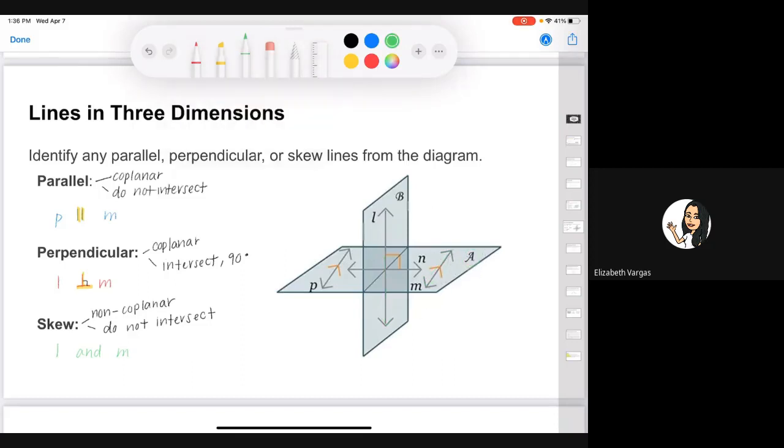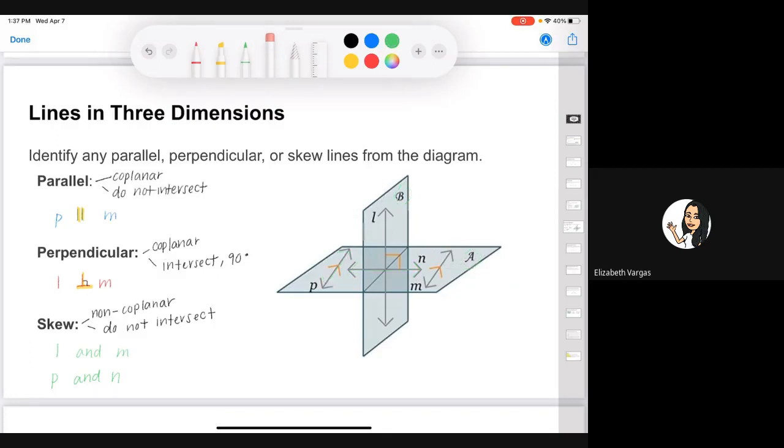Again, I need one line to be on A and one to be on B. And the lines that are skew are P and N. Those two lines are non-coplanar, they're not on the same plane, and they do not intersect. So P and N.